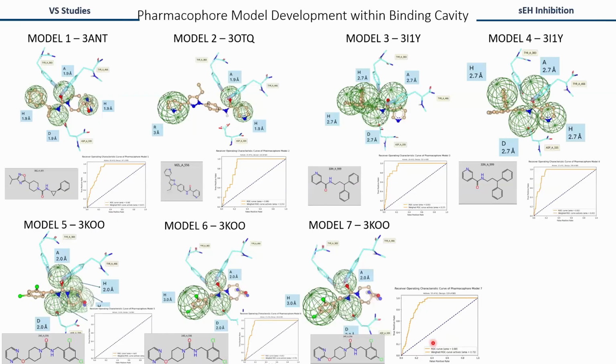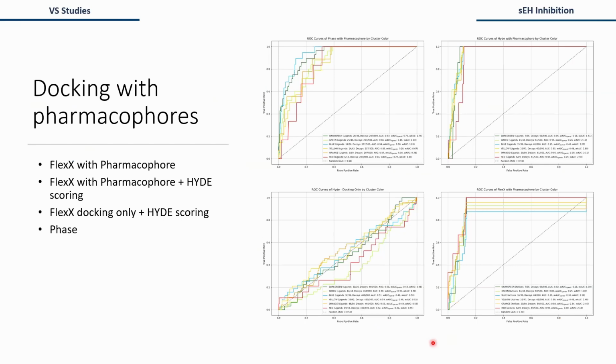So we could achieve good results in terms of binding mode generation, and we could also score much better. Here you see a comparative study between the most actives and inactives, and also mid-range compounds, and by using pharmacophore-based solutions, either by Phase or FlexX, we could achieve very good results.